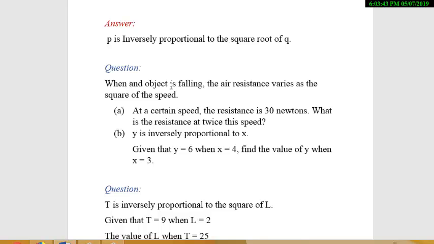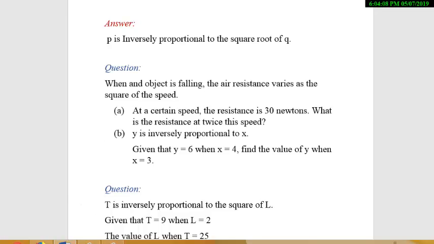But if it is not mentioned in the question, normally it is directly proportional. But if you take common sense, if you increase the air resistance, the speed of the falling object will decrease.